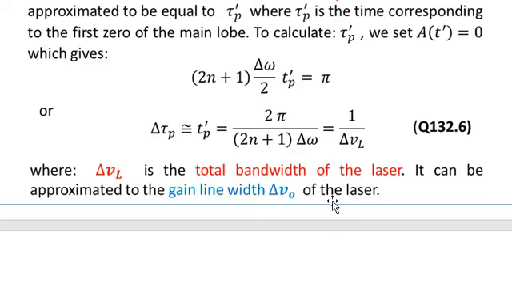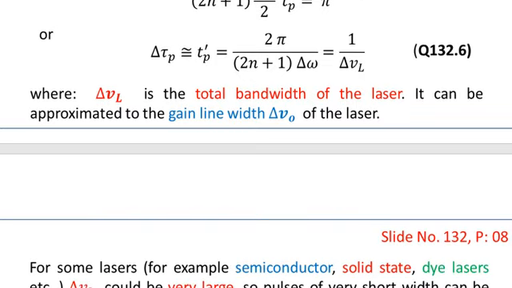So here you can also represent delta nu L, having the same meaning as the gain line width delta nu naught. So you see that you can find the necessary parameters in the mode locked output intensity of the mode locked laser output.